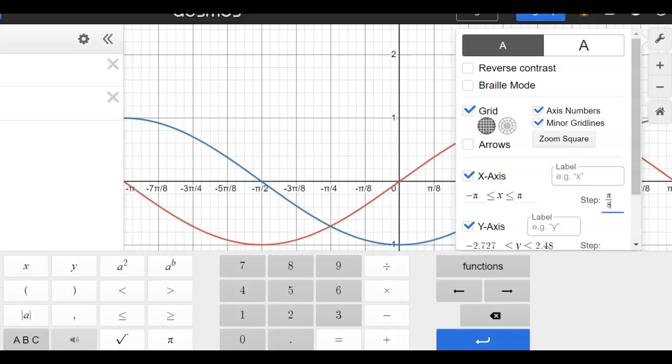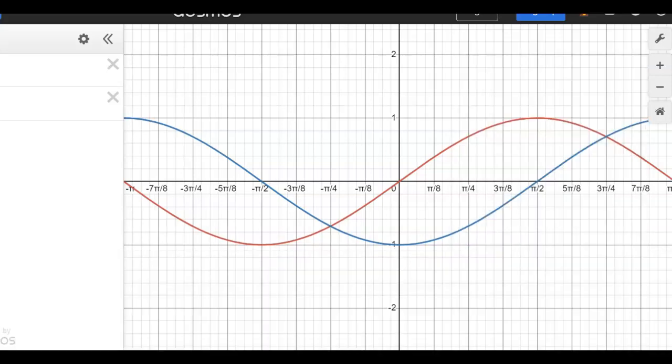That will ensure that when you use your cursor, there we go. We have 3 pi over 4.